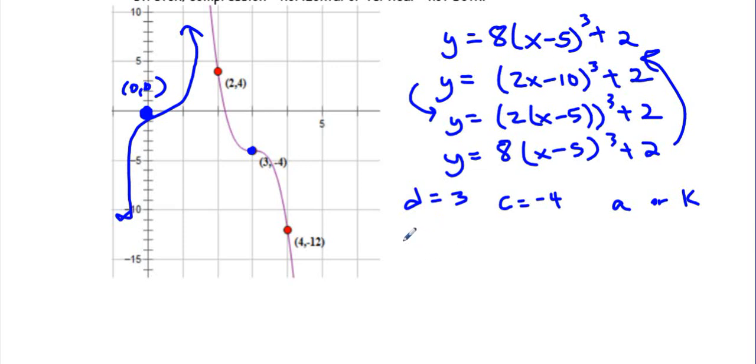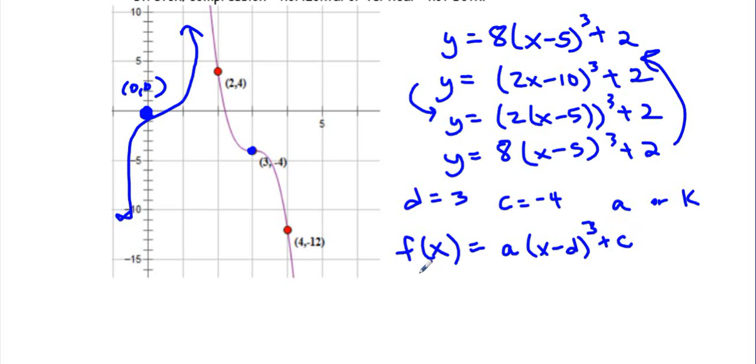So I'm going to start by putting in what I know already. I know this is going to take the form A times (x minus d) cubed, because this was a cubic, they told us that's what we started with, plus c.